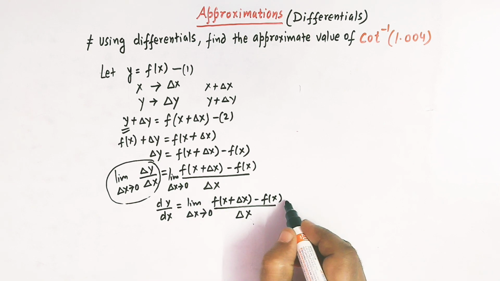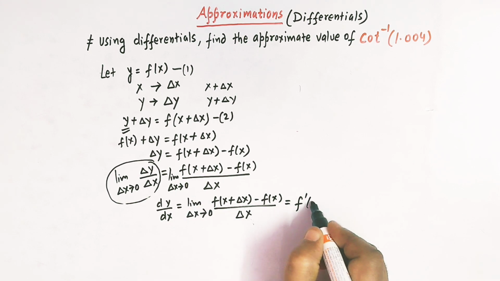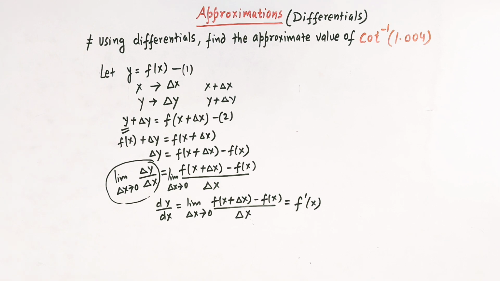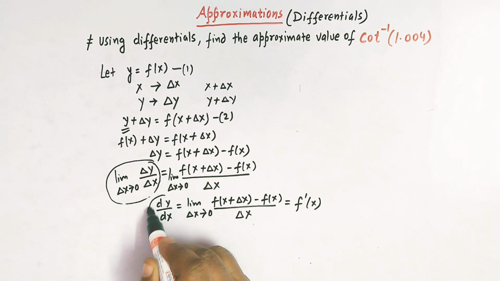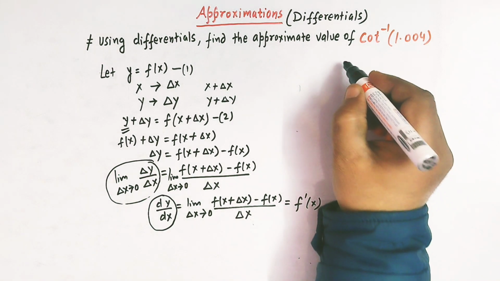And this expression can be written as f prime of x. So we conclude that this limit is equal to dy over dx, right?